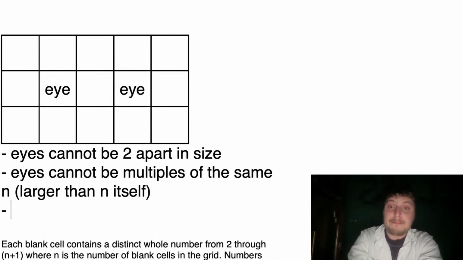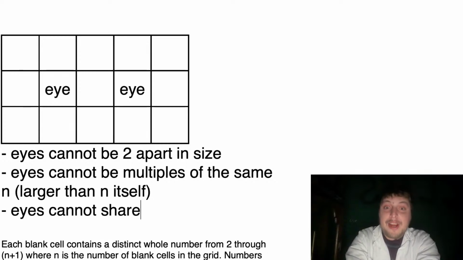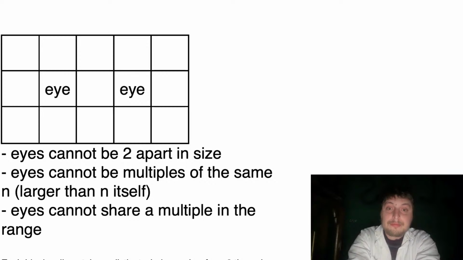We also have: eyes cannot share a multiple in the range. So they cannot both have a number that is a multiple of both of them in the range.